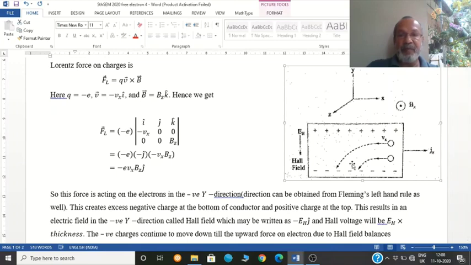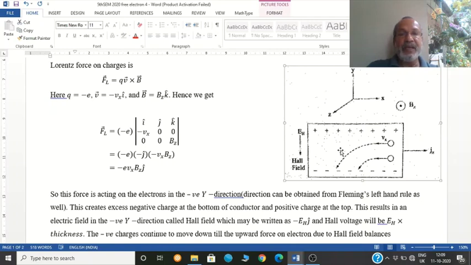When upward force due to Hall field is equal to downward force due to magnetic field, electrons will go in this direction straight without any deflection.